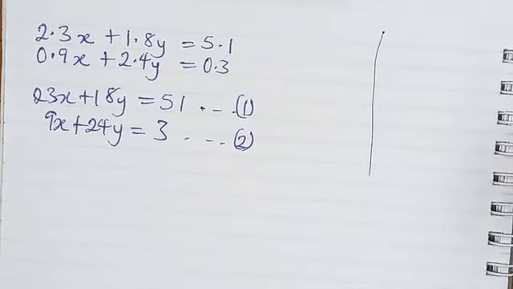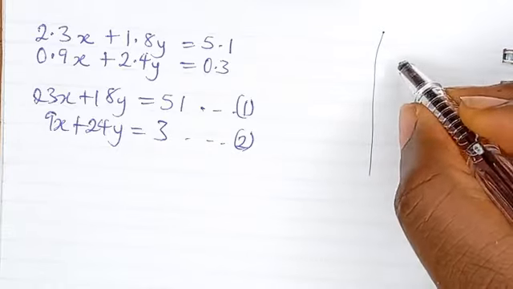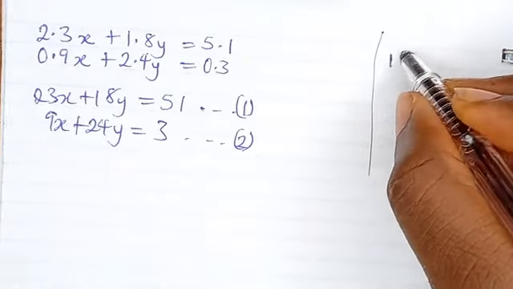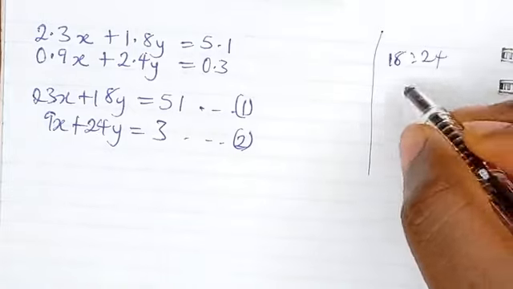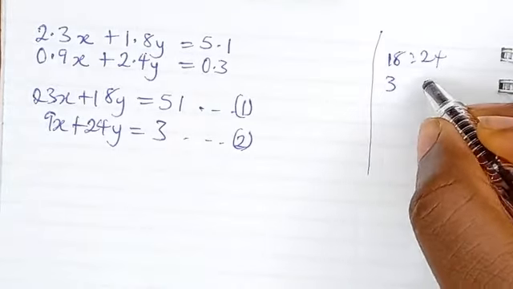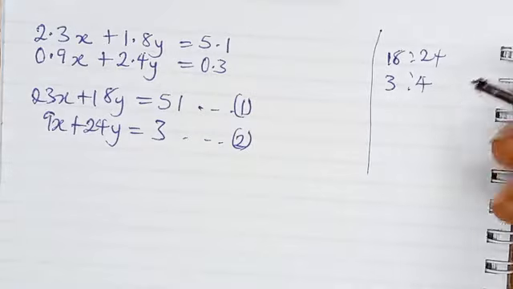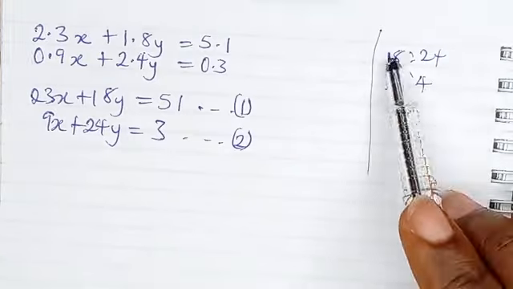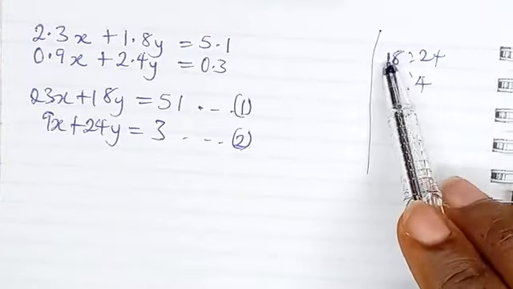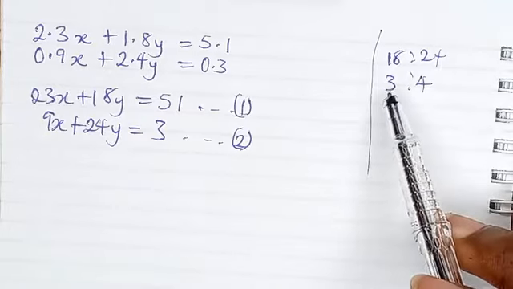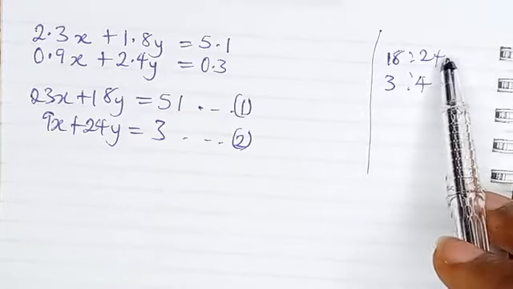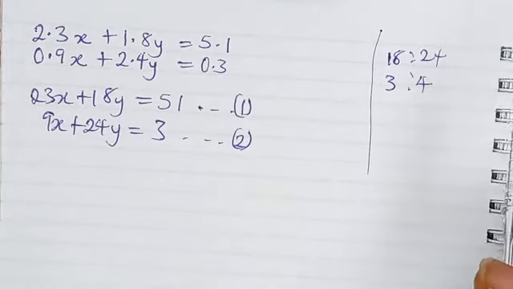So this is what I'm going to do. The ratio between 18 and 24: when I divide by 6, I have 3 and 4. So I'm going to interchange. The equation that carries 18 is going to be multiplied by 4 so as to give the same value, and the equation carrying 24 is going to be multiplied by 3 so as to give the same value.